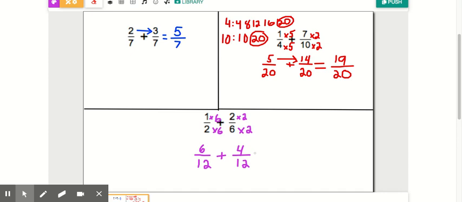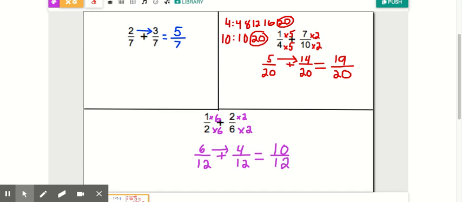Now I get 6/12 plus 4/12. And I add straight across now. And I get 10. And my denominator stays the same, so I get 12.